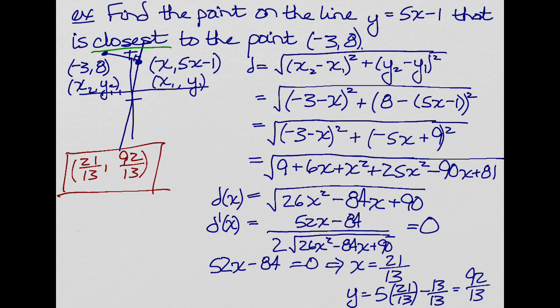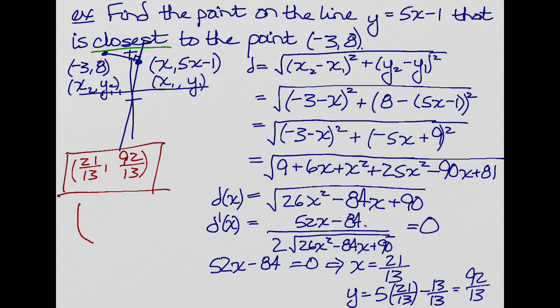So let's see. For points to the left of this point that we found, values of x to the left, I'm going to use 0. I get 0 minus 84, which is negative. So negative to the left, which means my distance function is decreasing to the left of this point. And then I'm going to try something to the right.